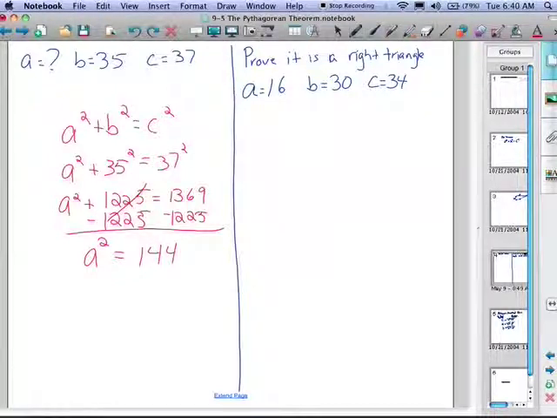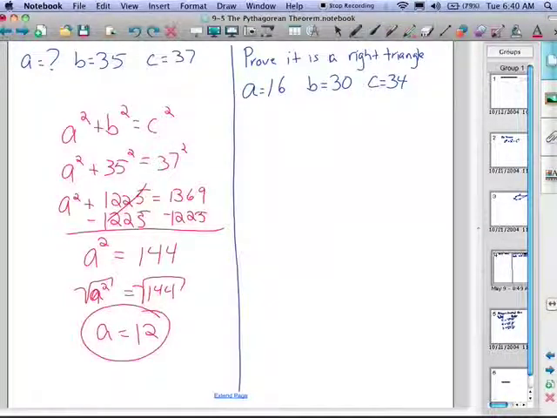To find out what A is, we need to take the square root of both sides. The square root of A squared is going to leave us with A, and the square root of 144 is 12 units. So the leg, side A, is 12 units long.